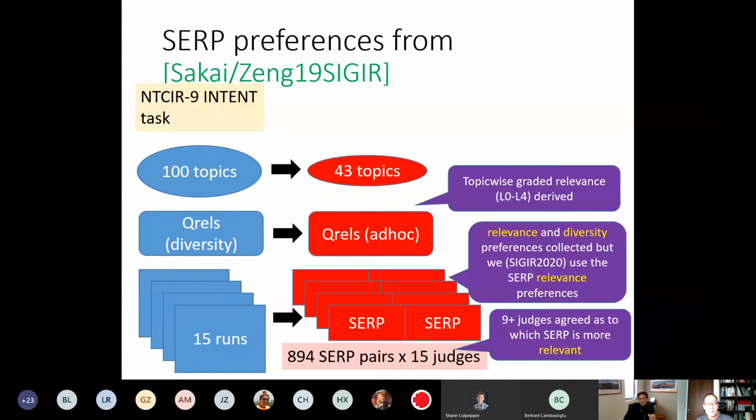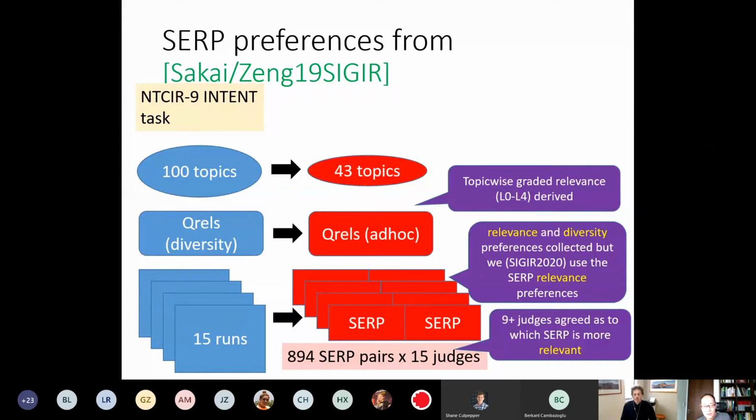And last year at SIGIR, where I talked about a similar topic, but about diversity evaluation measures and traditional evaluation measures, I created this data set and released it publicly. So I have all these SERP pairs from the real search results from the INTENT task.